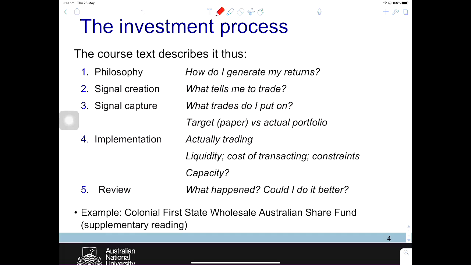These measures will help us to create the signal. And during the process, they usually set a hurdle so that only the stocks that exceed this hurdle might become candidates to be included in the portfolio. So we have the signal creation process. We define the quantitative measures we're going to use to capture the signal. And then we're going to start the signal capture.